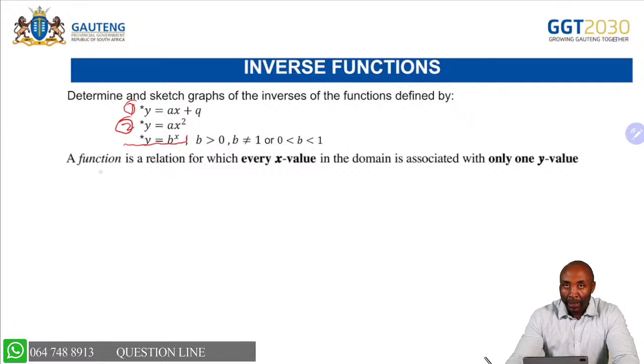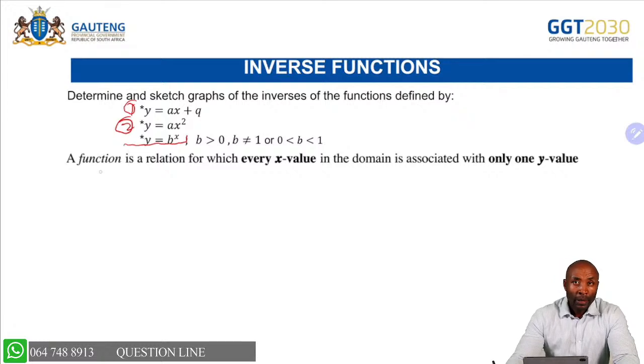And remember, we are only going to look at our function which has the form y is equal to b to the power x, where our b is greater than 0 but not equal to 1. We are also going to look at our function where our b is a proper fraction between 0 and 1.